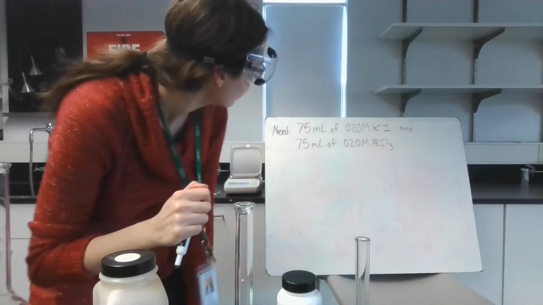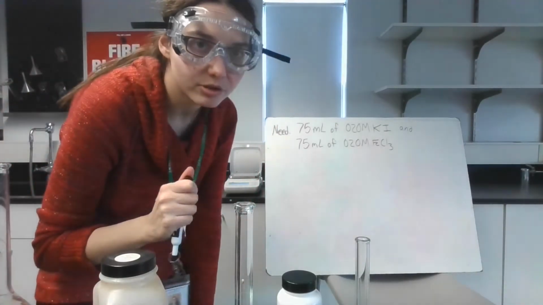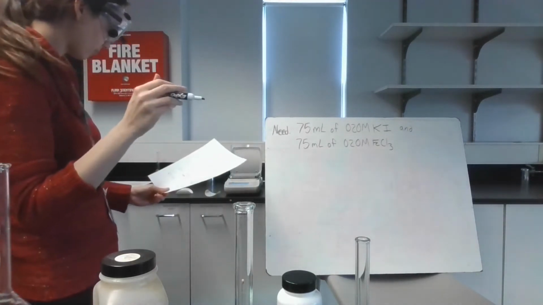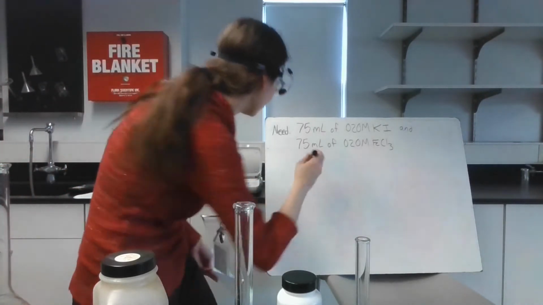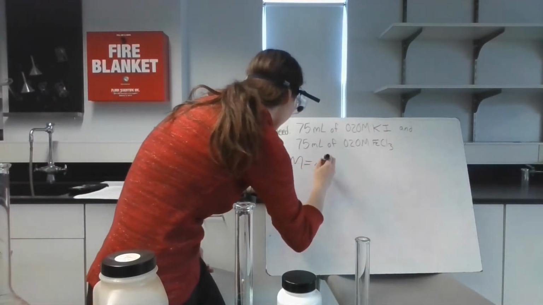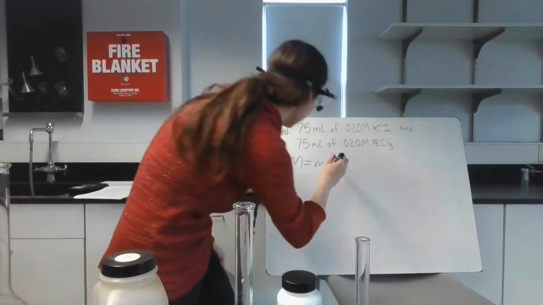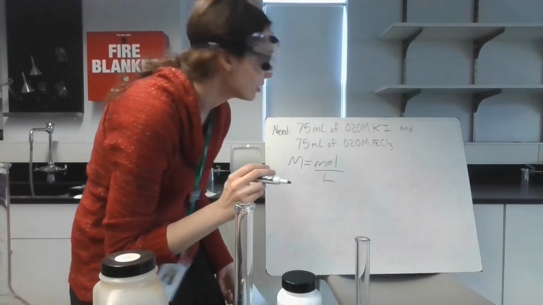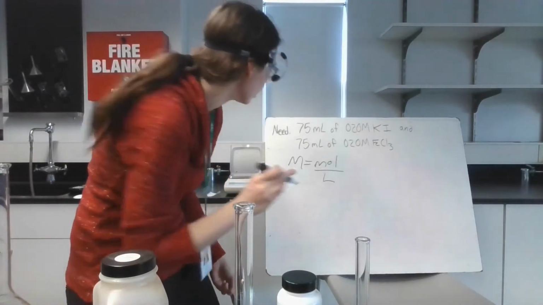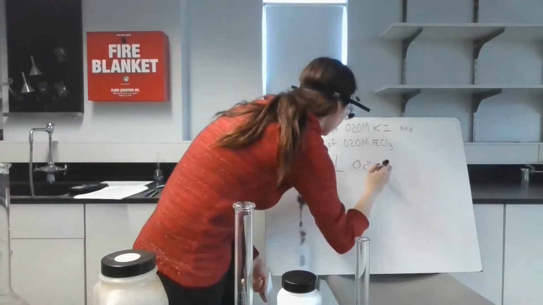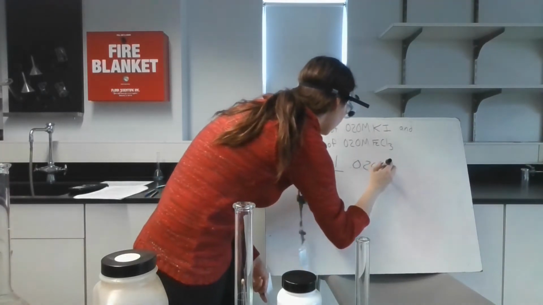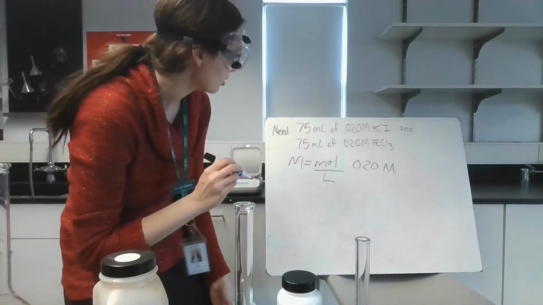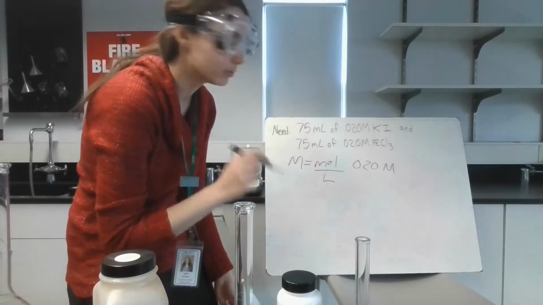I will start out with the 75 milliliters of 0.020 molar KI. We know that molarity is moles per liter, and we know that it is 0.020 molar, so that tells me there are 0.020 moles in 1 liter.